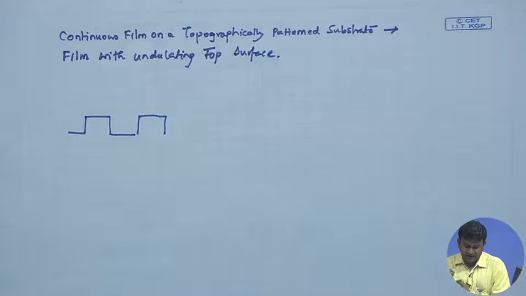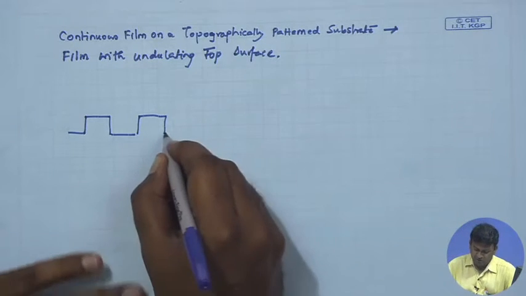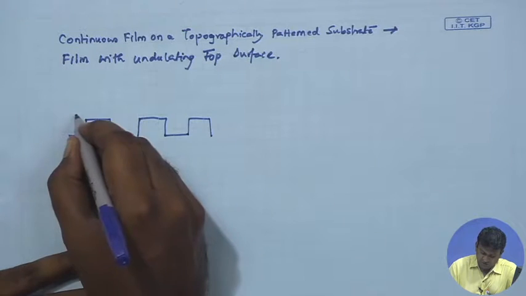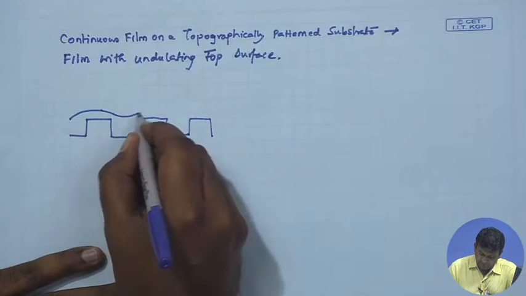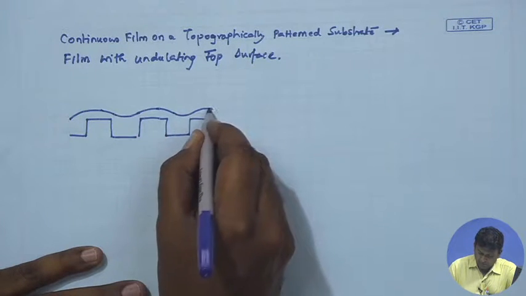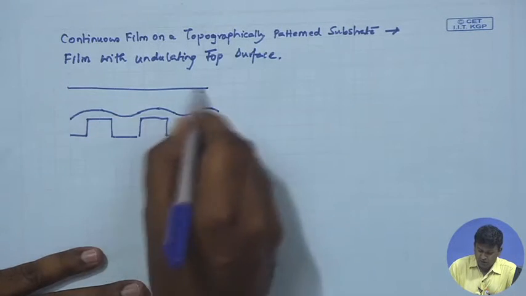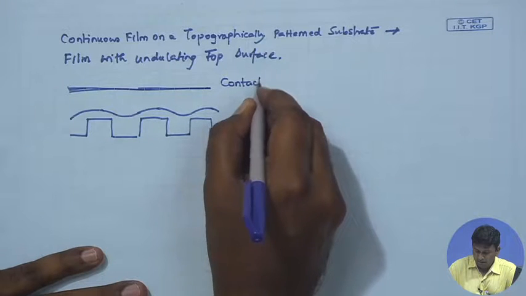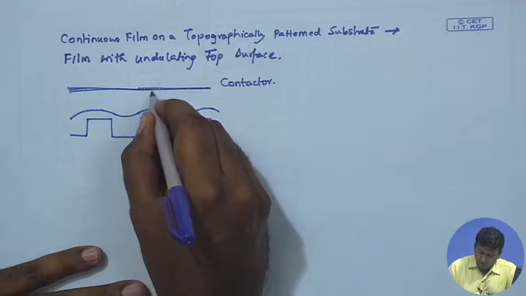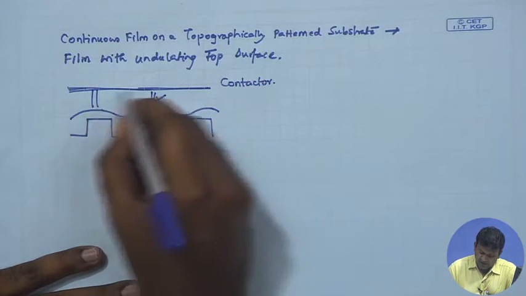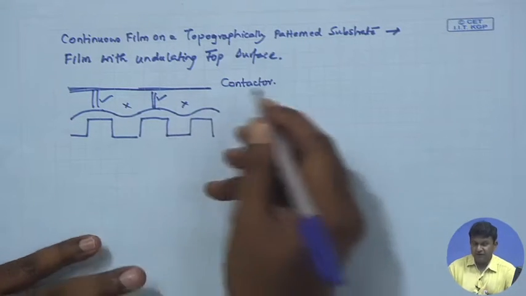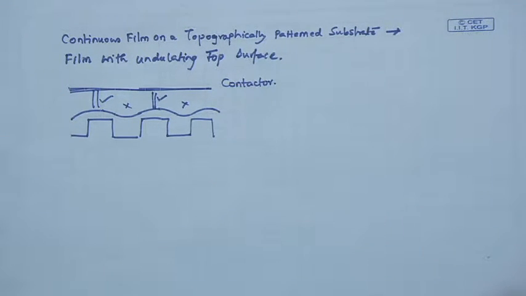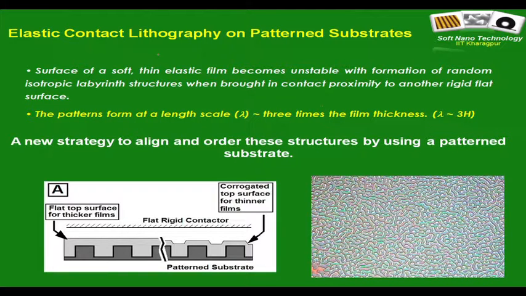So, what happens is this. You have a topographically patterned substrate, and on that you have a film, and there are undulations. If you now bring in a contactor from the top, the interaction is favored in these areas as compared to other areas, and therefore you get the spatial variation that is essential to impose order on this type of completely isotropic structure.